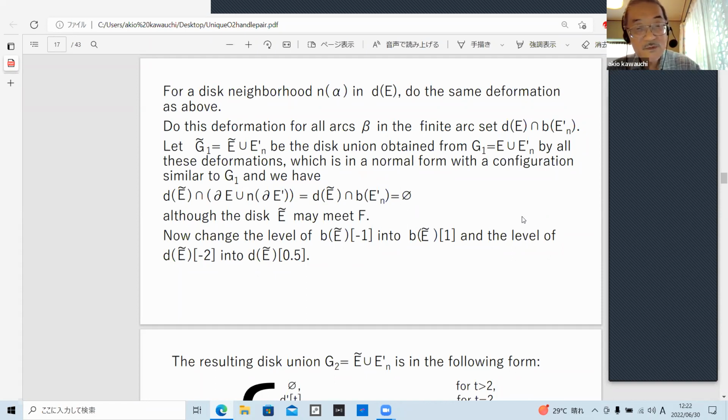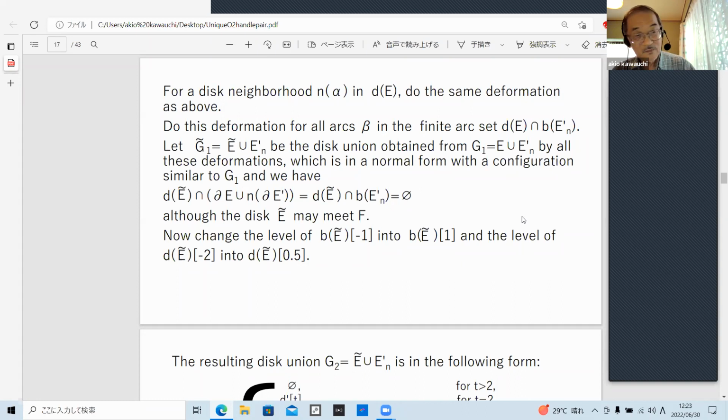First is E tilde and boundary E, and second is boundary E dash n. There is some intersection arcs, but also some arc to the boundary drawing, and such a neighborhood is removed.